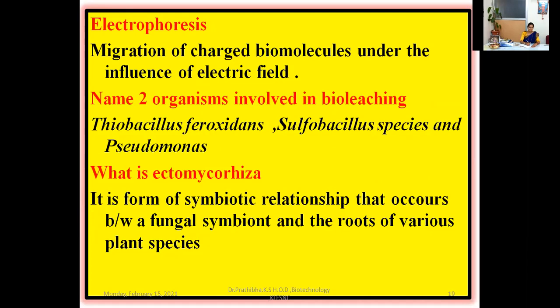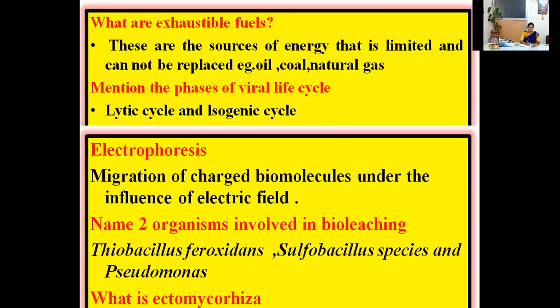Name two organisms involved in bioleaching. Okay, Thiobacillus ferrooxidans, Sulfobacillus species, and Pseudomonas species. What is ectomycorrhiza? It is a form of symbiotic relationship that occurs between a fungal symbiont and the roots of various plant species.